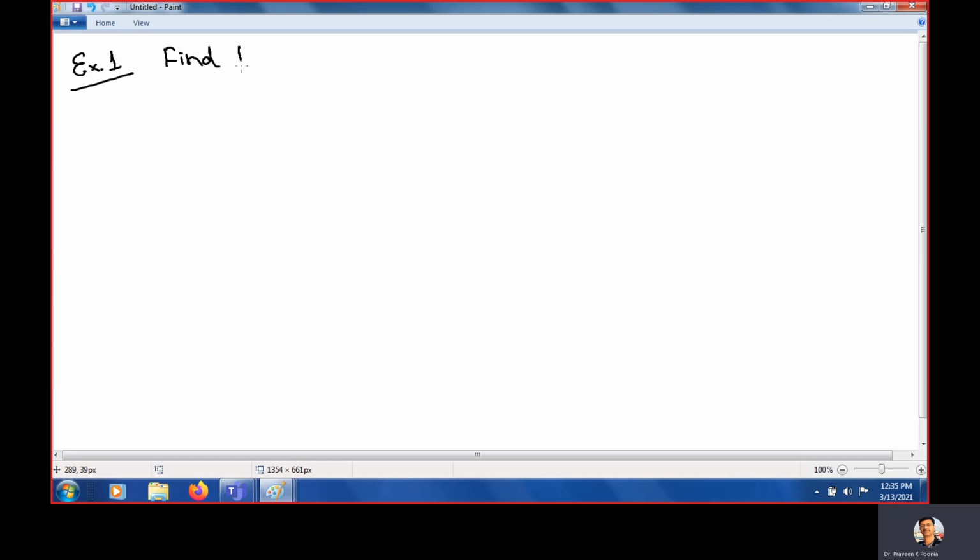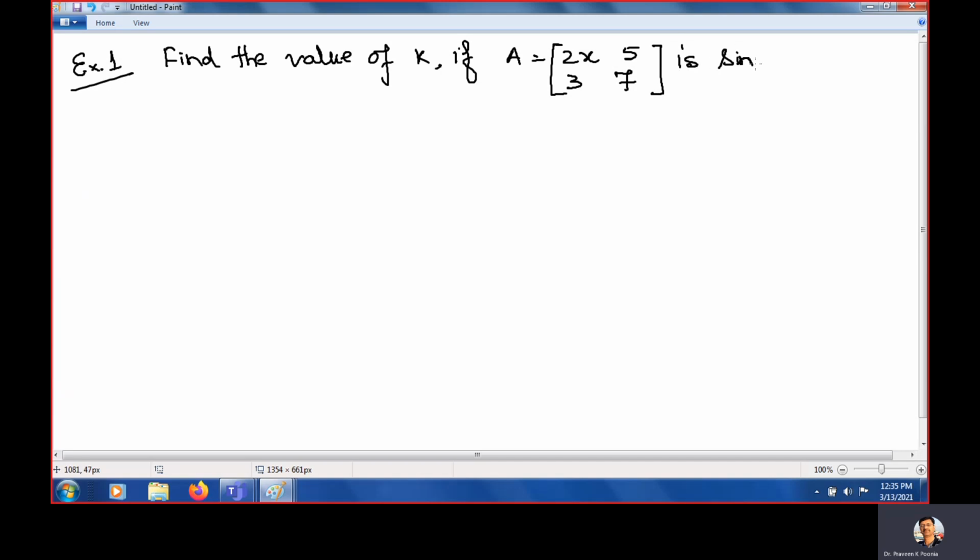Find the value of k if A equals to the matrix 2x, 5, 3, 7 is singular. What is the question?